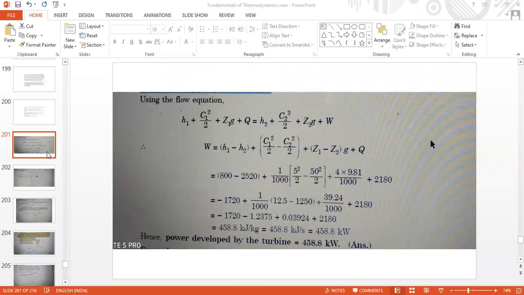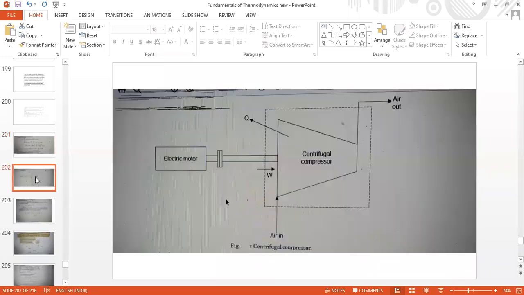Okay, there are certain work consuming devices. There are compressors, pumps, blowers, etc. So here, see a centrifugal compressor is shown.